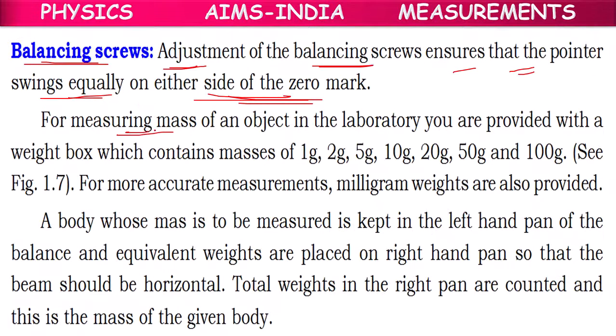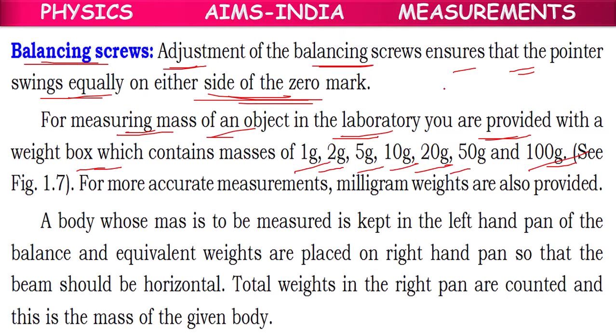Next, for measuring the mass of an object in the laboratory, you are provided with a weight box which contains weights of 1 gram, 2 grams, 5 grams, 10 grams, 20 grams, 50 grams, 100 grams, all small weights. With a combination of these weights, from 1 to 100, any weight we can have.